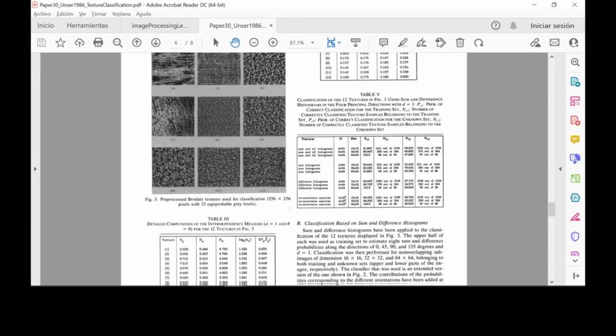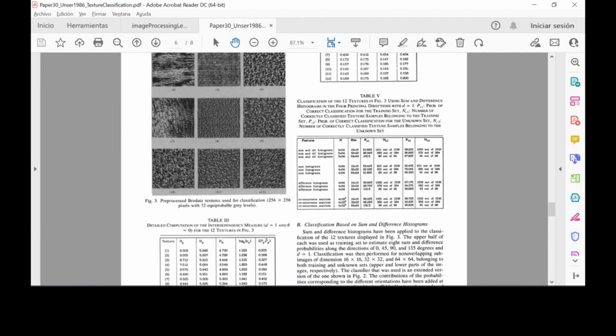So what is the probability of classifying them correctly? It depends on the patch size. You divide this into small pieces, and depending on how large the piece is, you may go from 91% of correct classification to 100%.